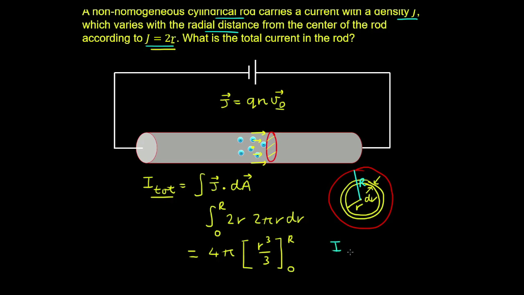And therefore the total current is 4 pi r cubed on 3. And note that the current density is in units of current per area, and this here is the infinitesimal area that we used. So our result will be in units of current. So for example, coulombs per second or amps.